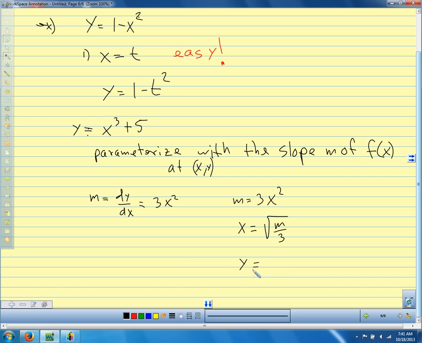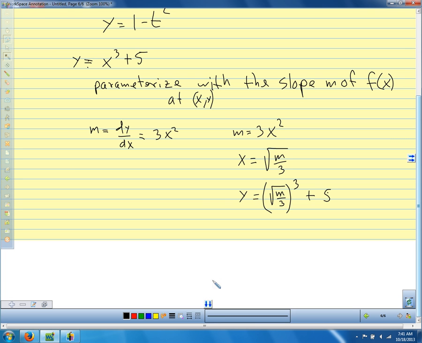And y is going to be the square root of m over 3, cubed, plus 5. And I can rewrite that as m over 3 to the 3 halves. So there's our set of parametric equations.